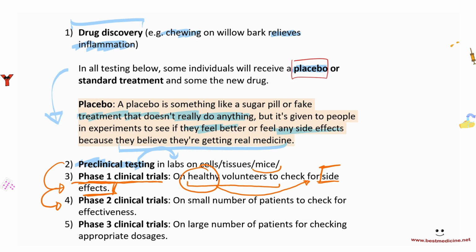Okay, we get approval for the next phase, phase 2 clinical trials, in which we test on a small number of patients, right? Initially, very small number of patients who are willing to take part in this clinical trial, check for effectiveness. Okay, see if the drug actually works in the people or not as well. Not only does it work in the cells, tissues, mice in a laboratory setting, but does it actually work on people or not?